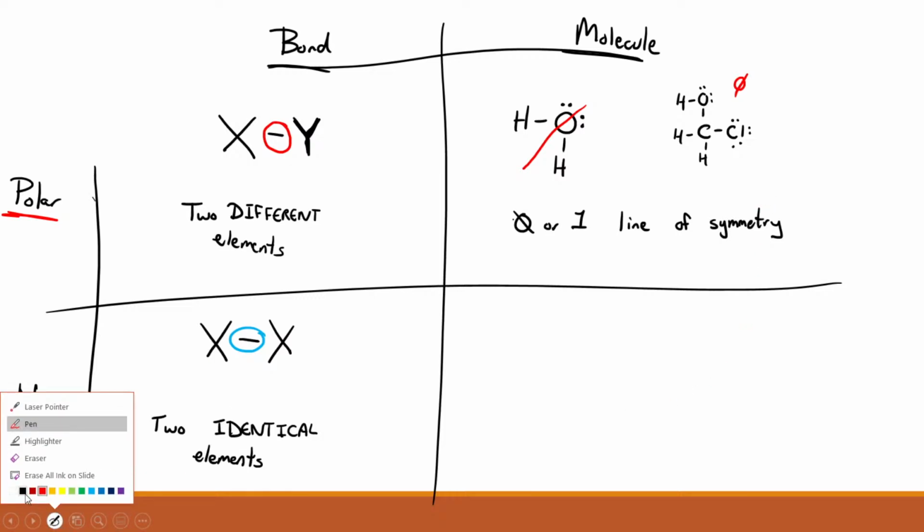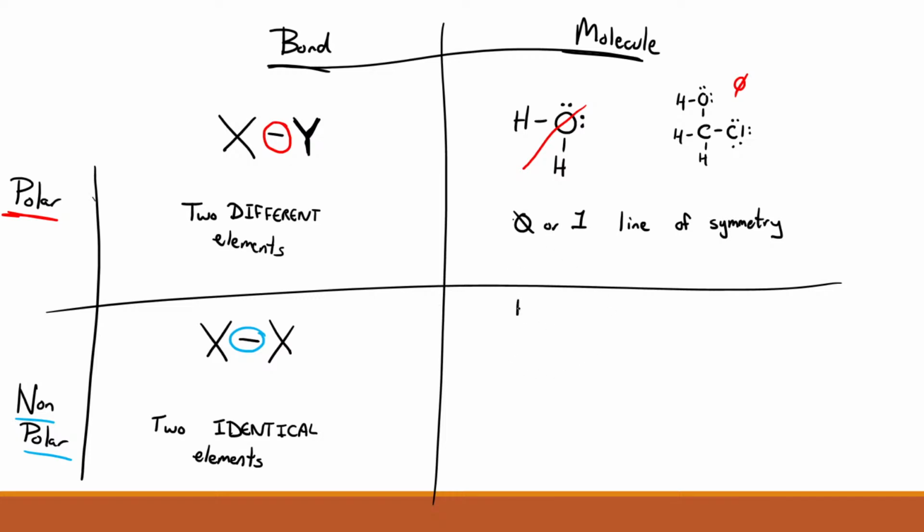For a nonpolar molecule, we're looking at something that is symmetrical, something with multiple lines of symmetry.